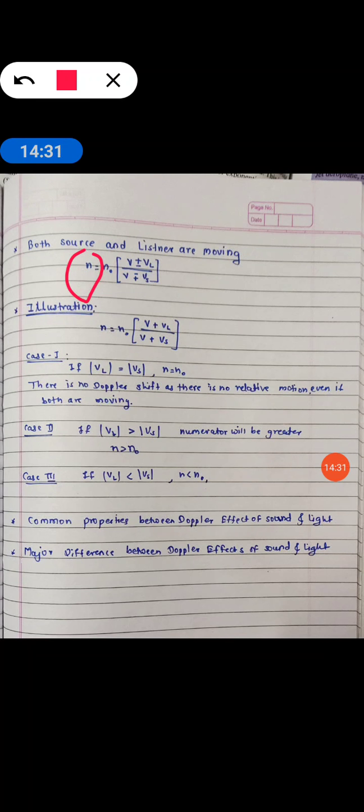V is the velocity of sound, Vl is the velocity of listener, Vs is the velocity of source. Plus minus, minus plus: this is the sign, where the upper sign is used. The signs are positive-negative in the numerator and minus-plus in the denominator.